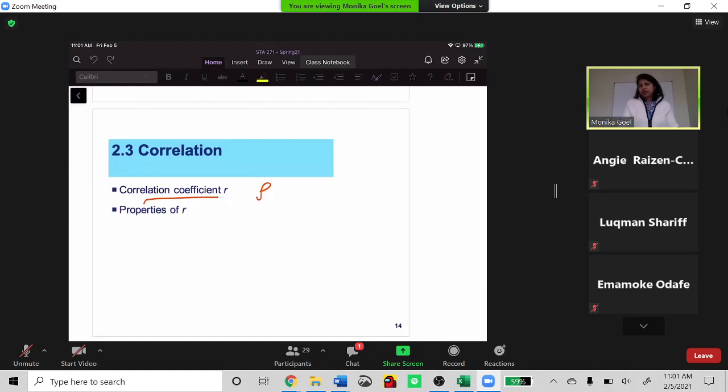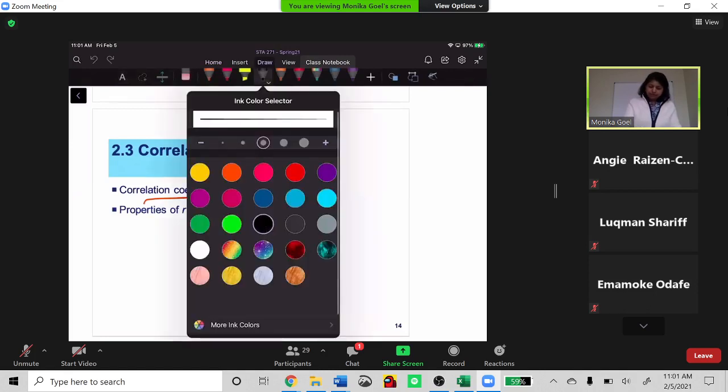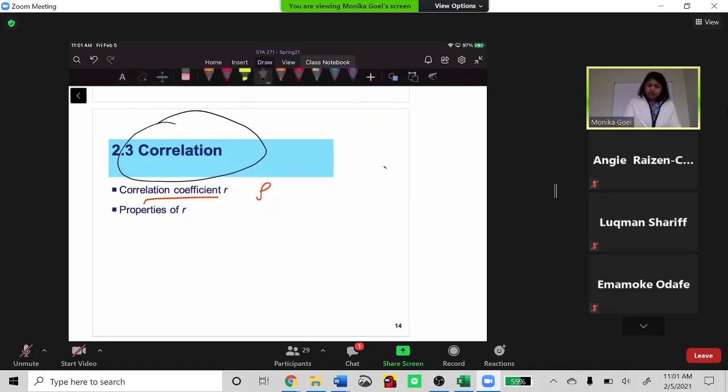So once we make a scatter plot and we know that that relationship is linear or it is taking a form of a line, then to measure the strength of that linear relationship, we use correlation. So correlation measures the strength of a linear relationship, and we use the symbol R or rho to represent that correlation.